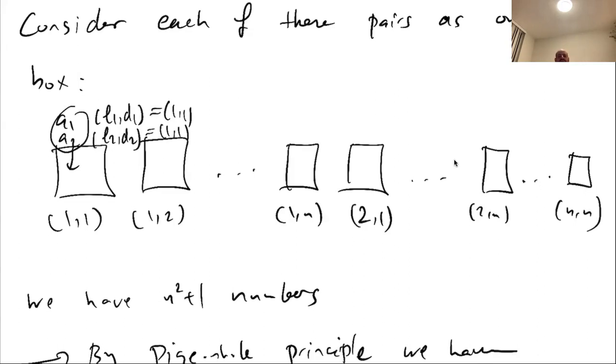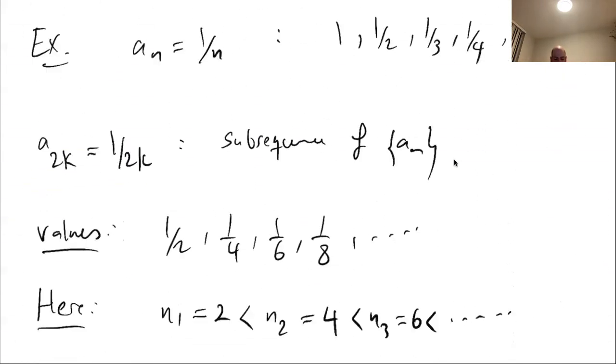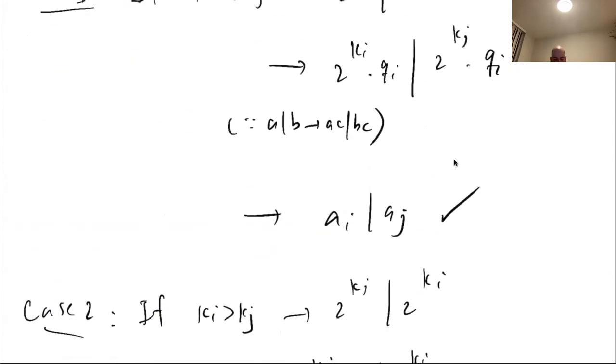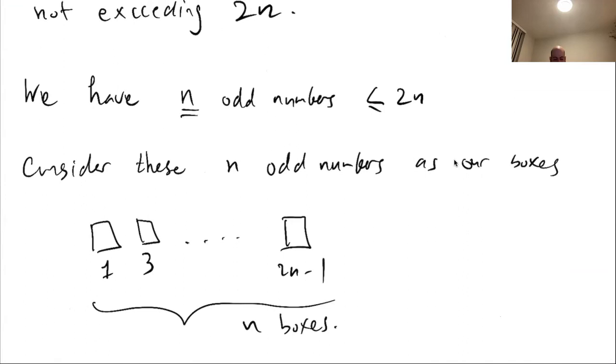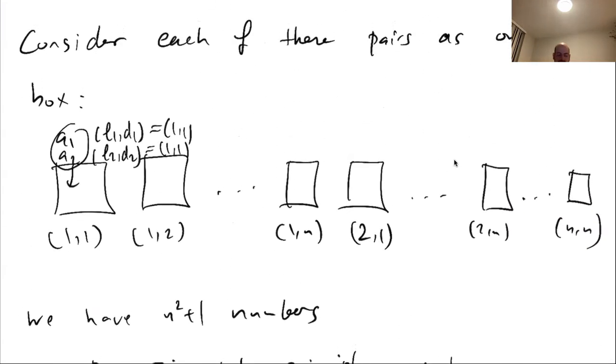We had a similar idea in the previous example. Look at the previous example. Here I had n boxes, and I said if in one box I have two QIs, that means at least two QIs are equal. Here, instead of n boxes, we have n squared boxes. But again, the idea is the same. If I have two pairs inside one of these boxes, that means those two pairs are equal to each other, because both of those pairs are equal to the pair assigned to the box.